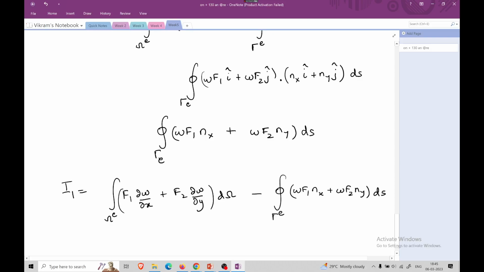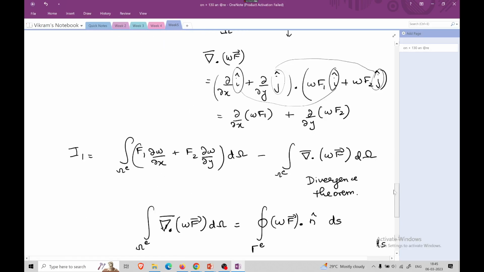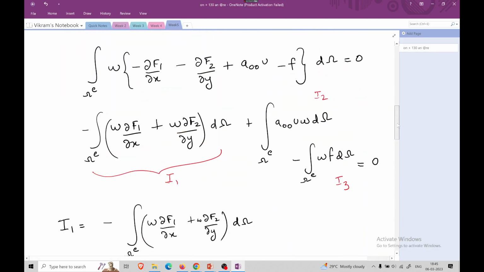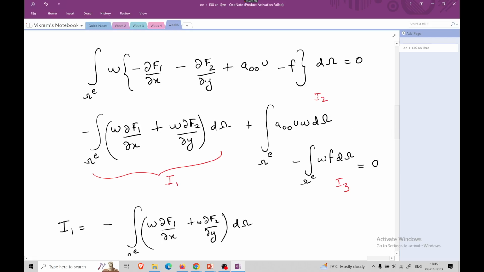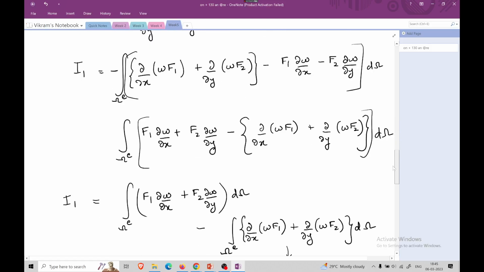Okay, this is I1. I2 and I3 remain the same. We have just calculated I1, and I have already included the minus symbol. So I1 plus I2 plus I3 I am directly going to do.